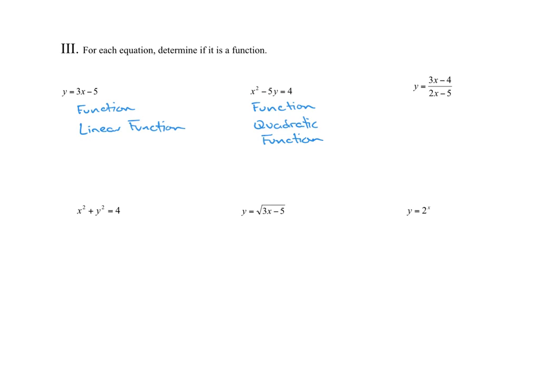All right, y equals 3x minus 4 over 2x minus 5. This is a function. We actually call it a rational function.